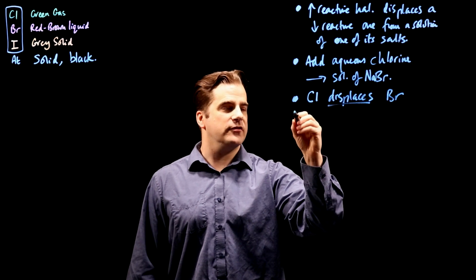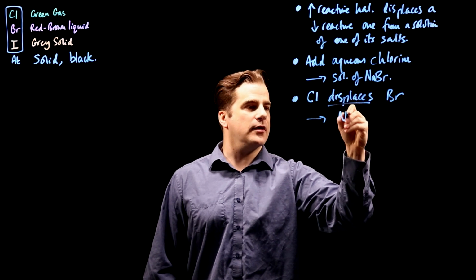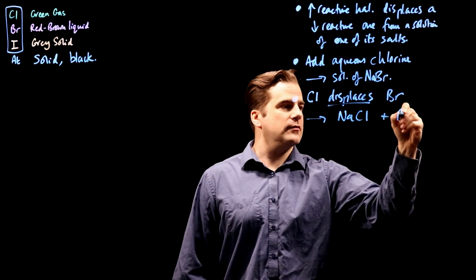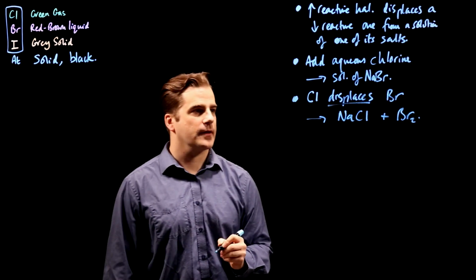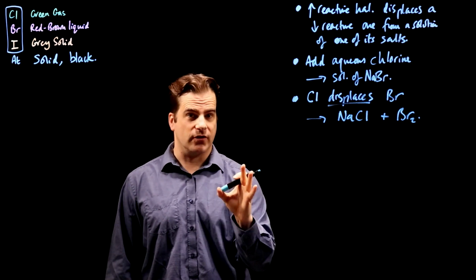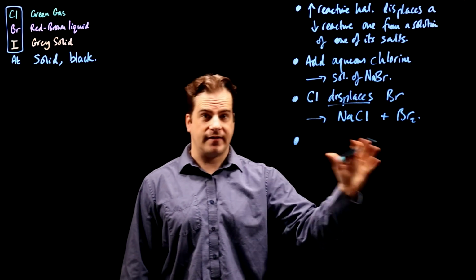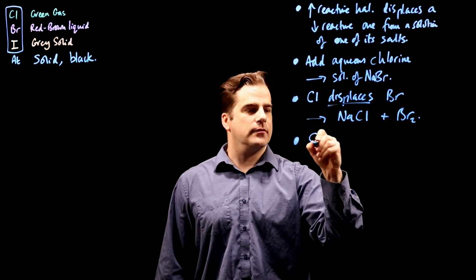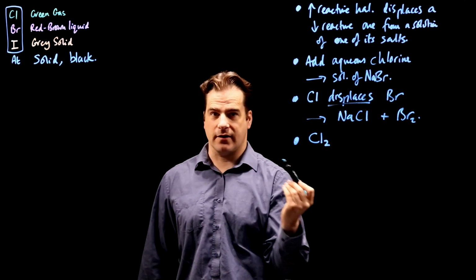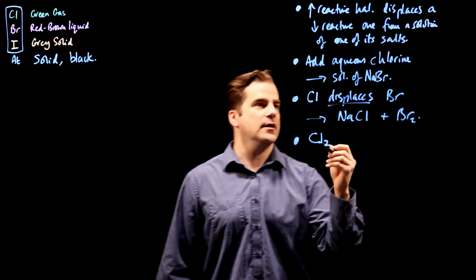And it forms sodium chloride and Br2. The more reactive one displaces the less reactive one. You've got to know that. So, write out the equation. Chlorine is diatomic, so it's Cl2. These are all diatomic in their pure elemental form: Cl2, Br2, I2.